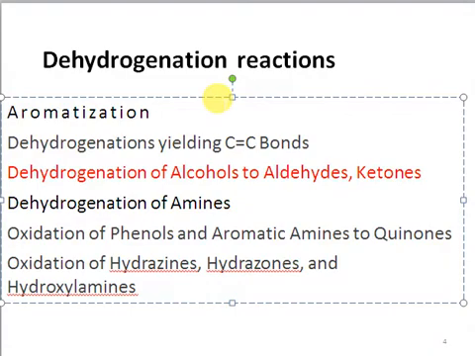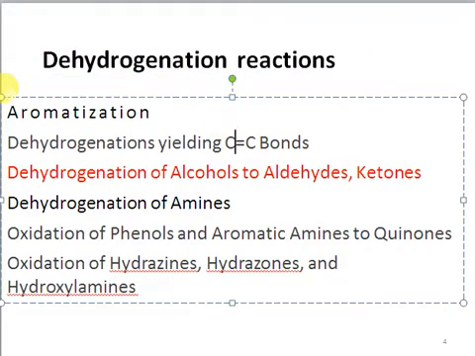Dehydrogenation reactions are an example of oxidation reactions, because oxidation reactions are reactions that involve either the addition of oxygen or elimination of hydrogen, right? So in dehydrogenation we are eliminating hydrogen. Therefore, dehydrogenation reactions are a type of oxidation reaction.